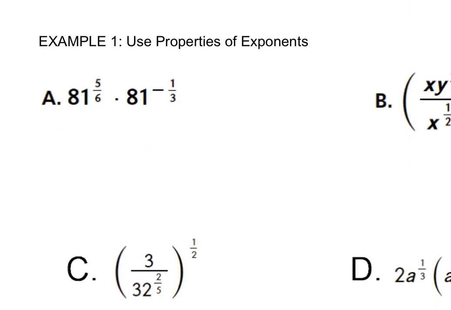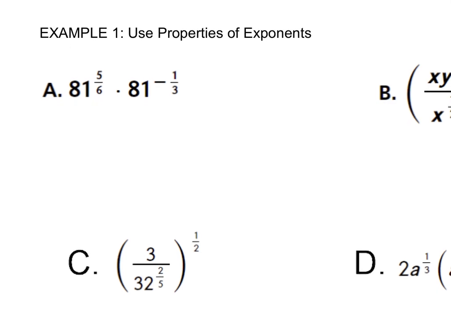All right, here we go. Starting out with letter A, notice in this problem, we have two bases that are the same. We have 81 as a base and 81 as another base. If we want to combine those into a single base, we can do that. Our property is that we add the exponents.